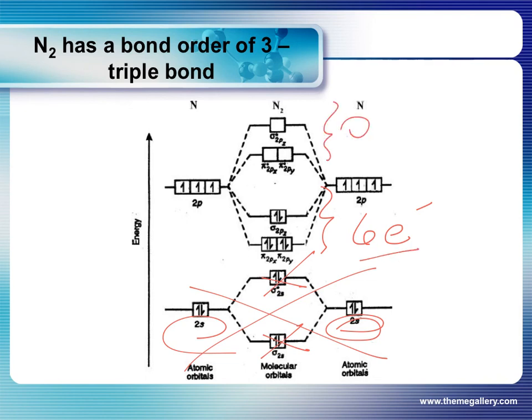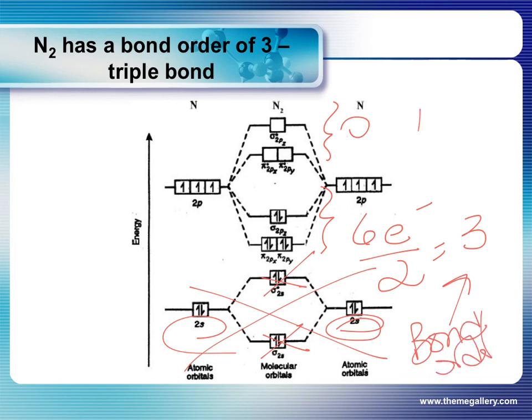So our formula tells us to divide by 2 and tells us that nitrogen has a bond order of 3, which fits with reality. If you draw out a Lewis structure of nitrogen, you're going to find out there's a triple bond in between it. So it does, in fact, have a bond order 3. So molecular orbital theory works very well. Finally done with this very long video on bonding theories.